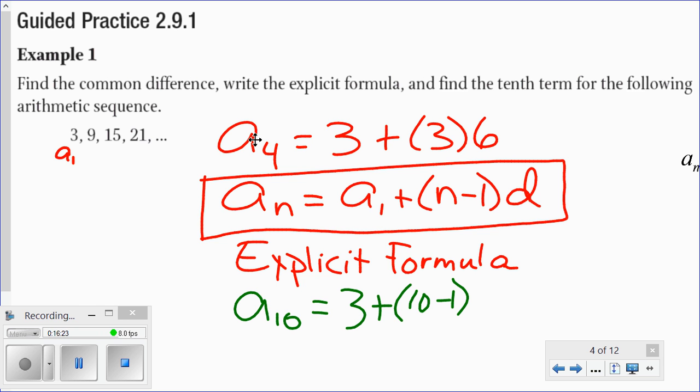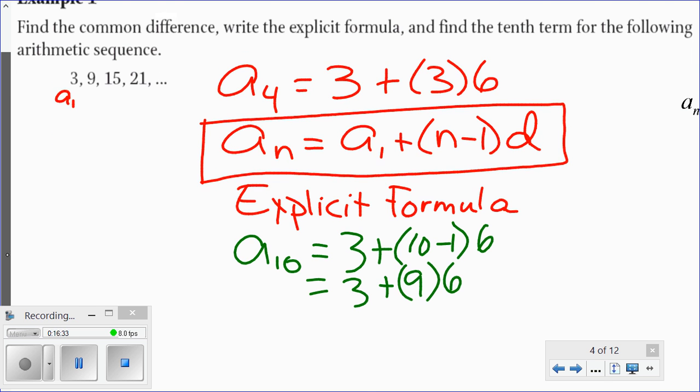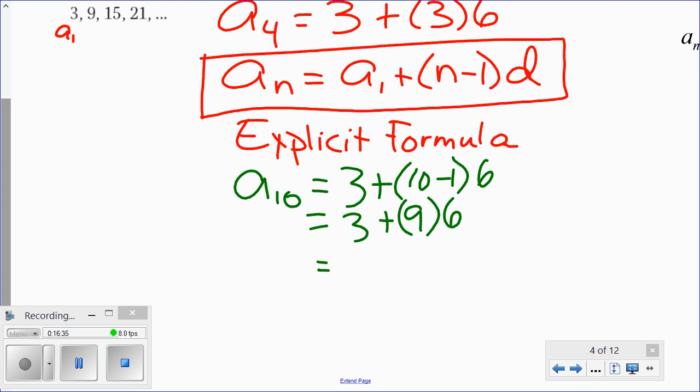And our d value is 6. So 3 plus 9 times 6. 3 plus 54. 57. Okay?